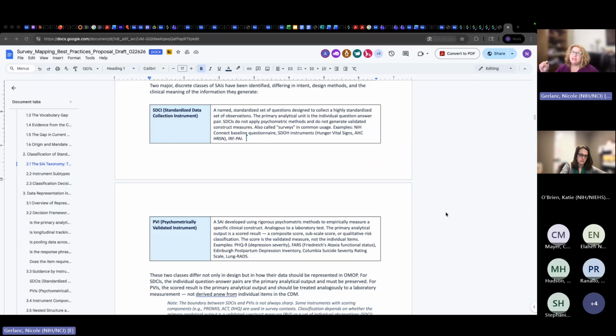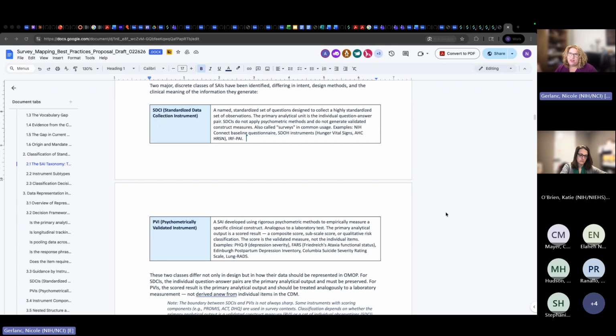It's hard to get a direct measure of suicidal ideation, but you can ask several questions that, when combined together, measure the underlying construct of suicidal ideation. So they're developed very specifically to measure those types of things.